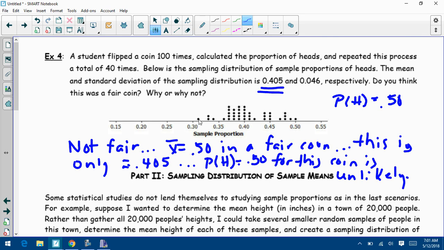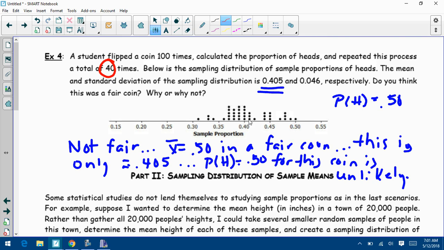And before I move on, let's make sure you understand what you're looking at here. A student flipped a coin 100 times. This doesn't look like 100 dots. Calculated the proportion of heads and repeated this process 40 times. That's the number of dots. So each dot represents flipping a coin 100 times. So that's 100 coin flips, 100 coin flips, and they're taking the proportion of the heads every time.